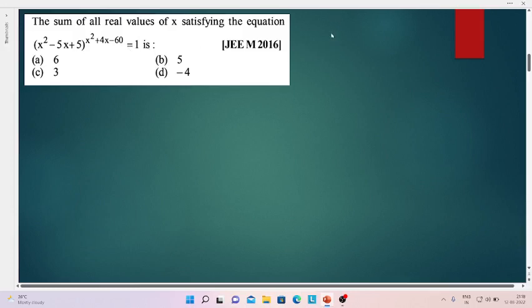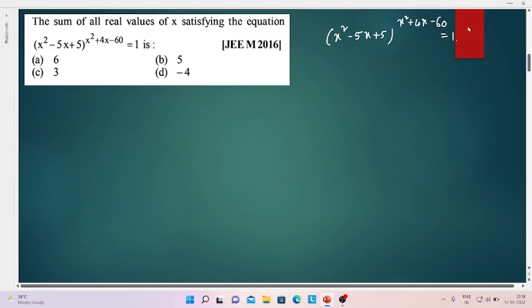Let me write down this equation. So we have to find the sum of all real values of x which satisfy this equation, right?